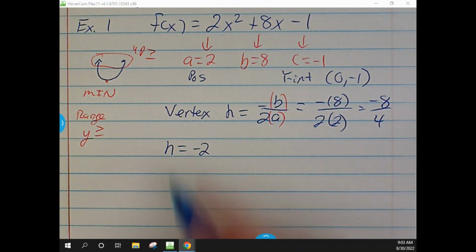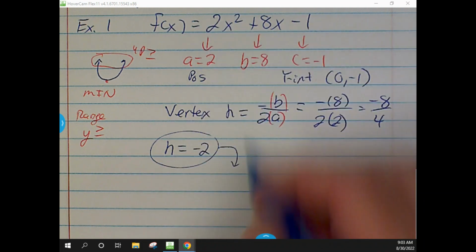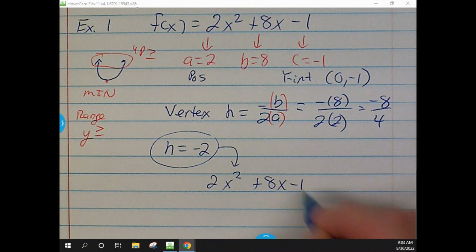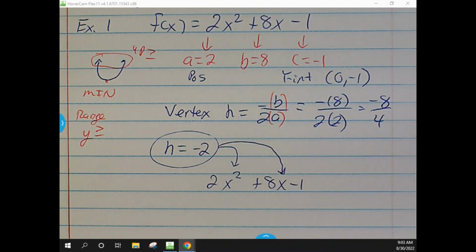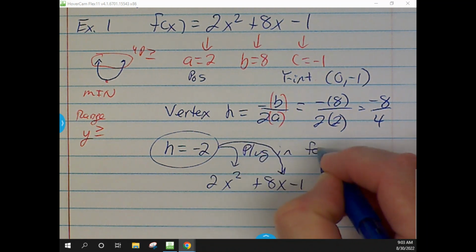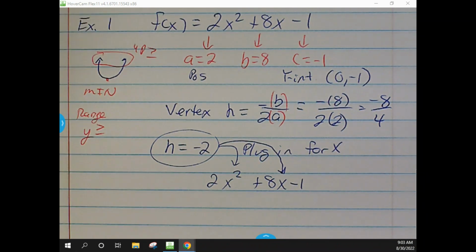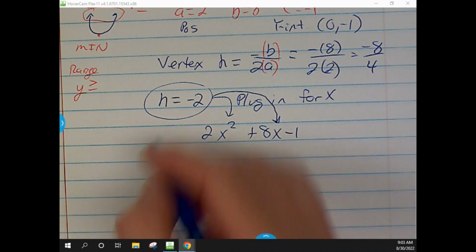Okay, so once you've got this, now you take this and plug it back into this equation, 2x squared plus 8x minus 1. You're going to plug it in for x here, and you're going to plug it in for x here. Because that technically is our x value of our vertex, and that'll be our k value.